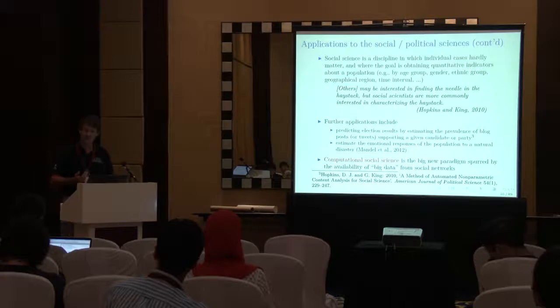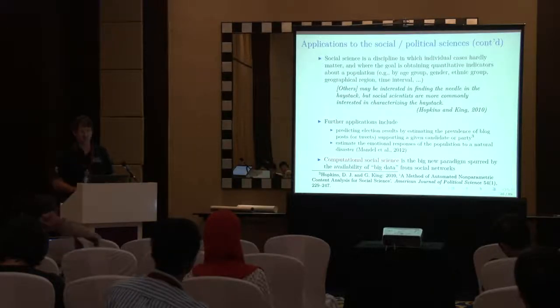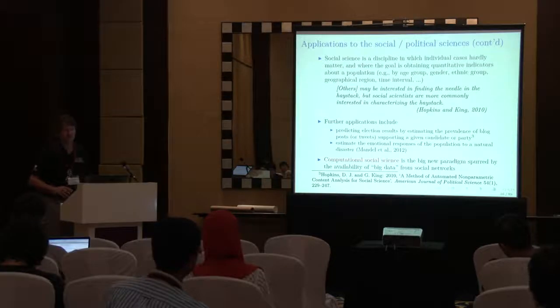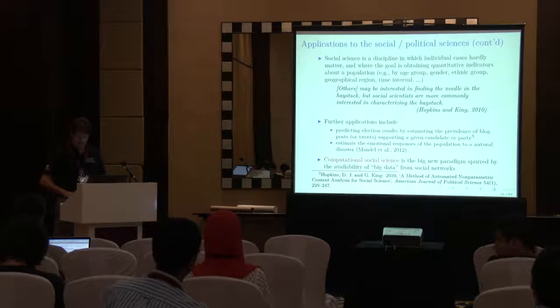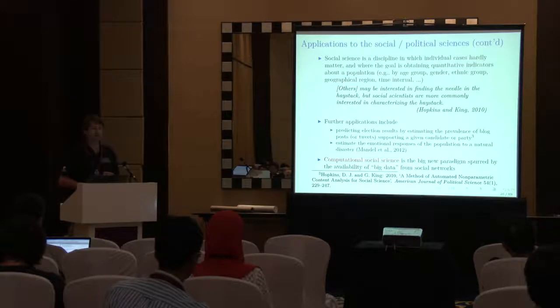So the goal is actually obtaining quantitative indicators about a specific population, which can be broken down by age group, by gender, by state, by region, whatever. As these two social scientists put it, others may be interested in finding the needle in the haystack, but social scientists are more commonly interested in characterizing the haystack, getting the aggregate statistics.